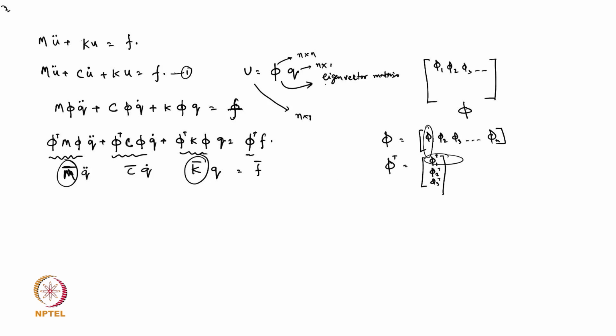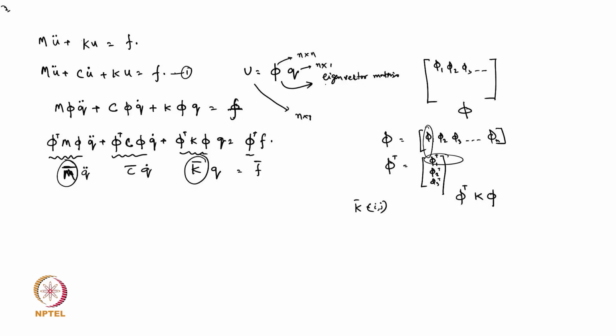Make sense? Now if I try to find out this K bar, some element, let's say i comma j, then what is the expression? That is phi transpose K phi. How should we do that?